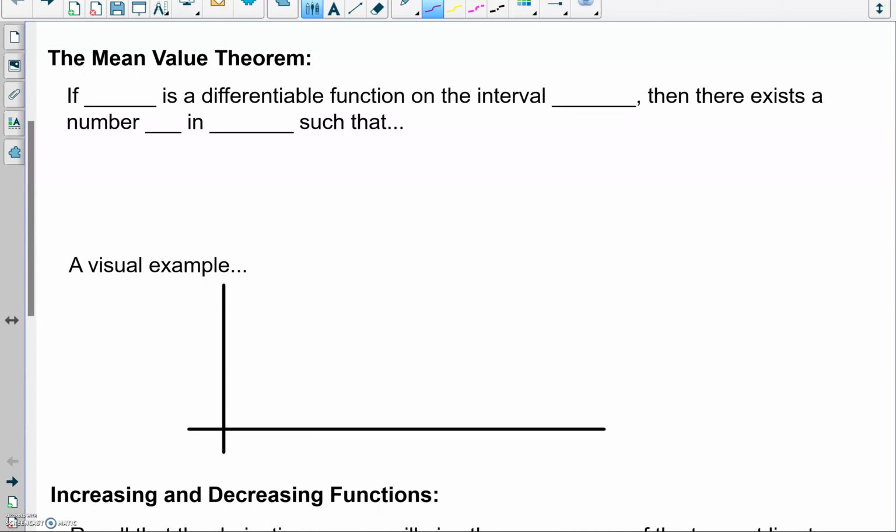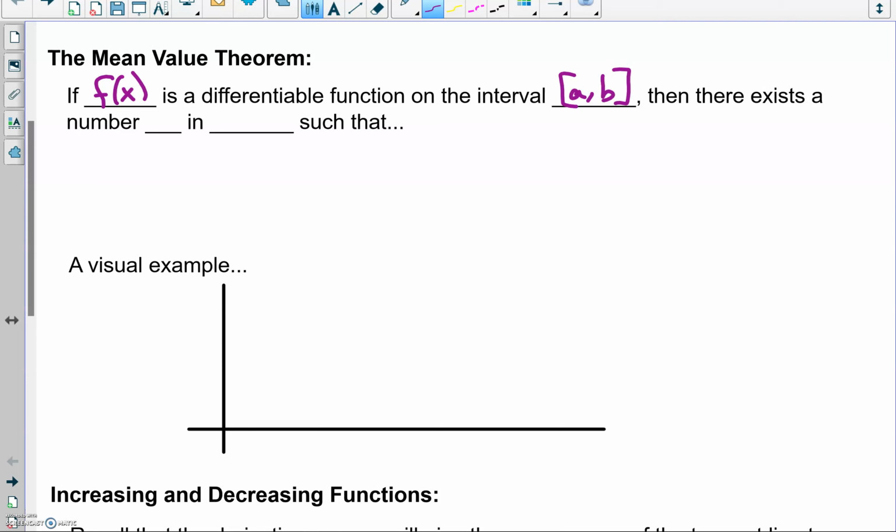So the mean value theorem, basically we're going to have some function here that's differentiable, so some f of x. And remember, differentiable means that the derivatives exist. And if it's differentiable, it's also continuous. So this function is a differentiable, a continuous function on the closed interval a to b.